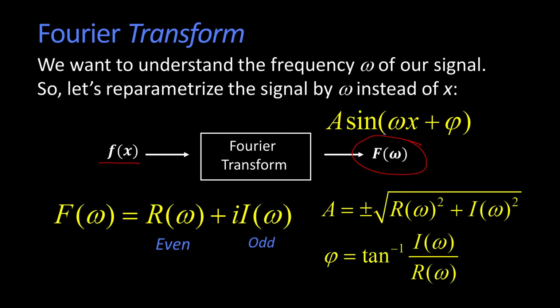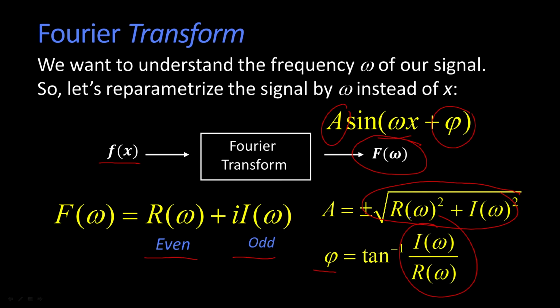And the idea is that cap F would decompose into an even component and an odd component being represented by complex numbers. And so this would allow us to represent both the magnitude and the phase for a given frequency. And if you wanted to, you could recover that magnitude and phase. The magnitude is just the square root of the sum of the squares of each of the real and imaginary component. And the phase was just this arctan of this relation.